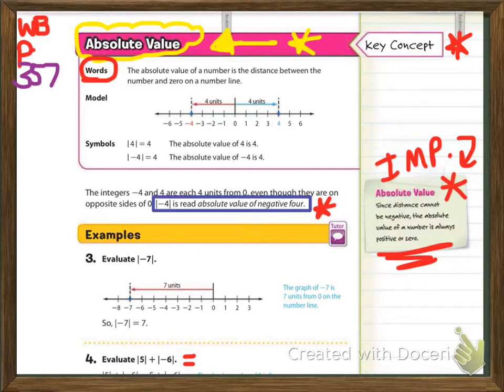For number 4, it says evaluate the absolute value of 5 plus the absolute value of -6. So I'm going to require that on these types of questions you rewrite what the absolute value is before you try to solve the operations. So for example 4, you would say that the absolute value of 5 is 5 because it's 5 places from 0 on the line.